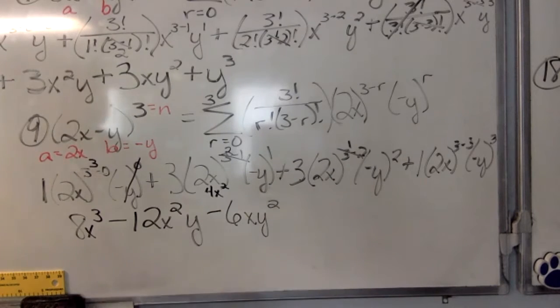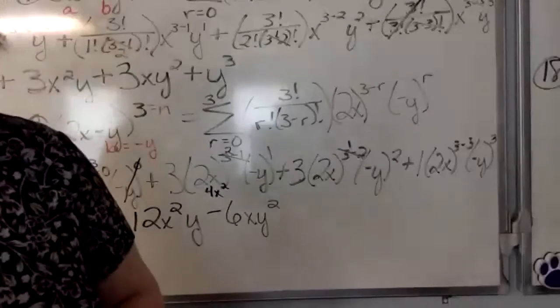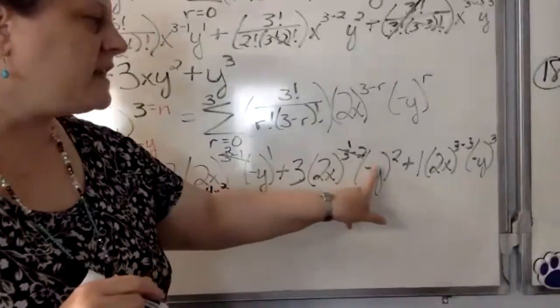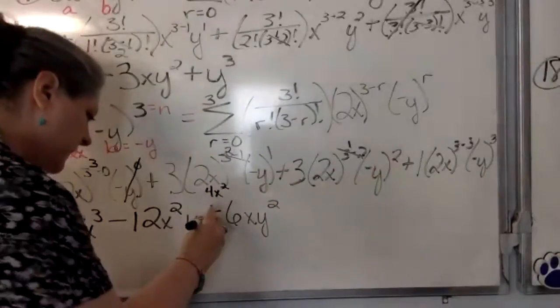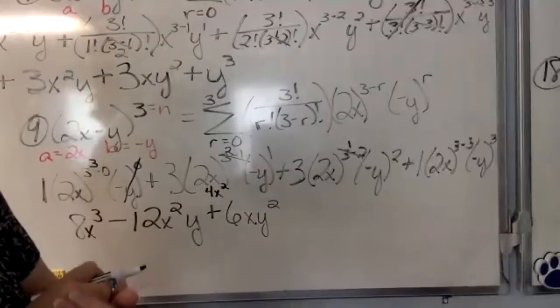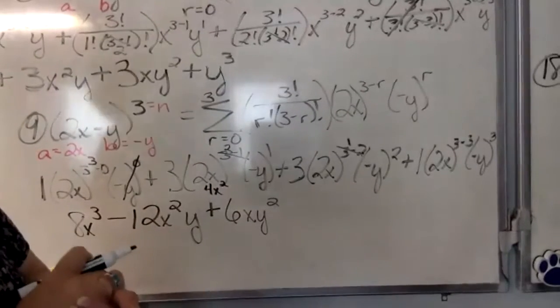Oh, wait, is that right? Let me fix that, because this is a negative that's being squared. A negative times a negative is positive. Sorry, so that one's plus.